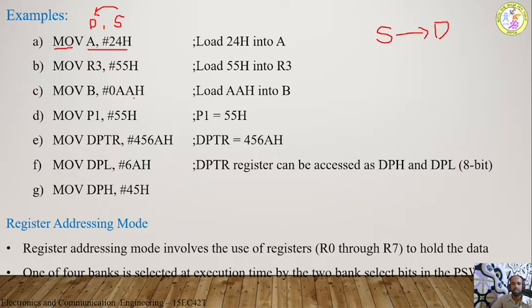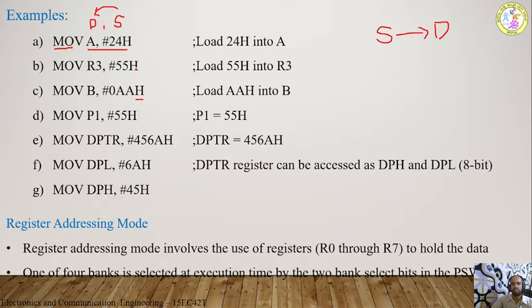Similarly, we have 0AAH. Remember, whenever we write numbers in hexadecimal, in the program it must be preceded by 0. And the last H indicates that these numbers are hexadecimal. For example, 24H means 24 is hexadecimal, and 55H is hexadecimal.